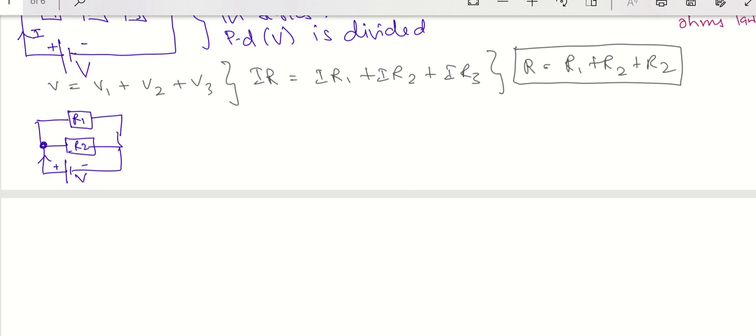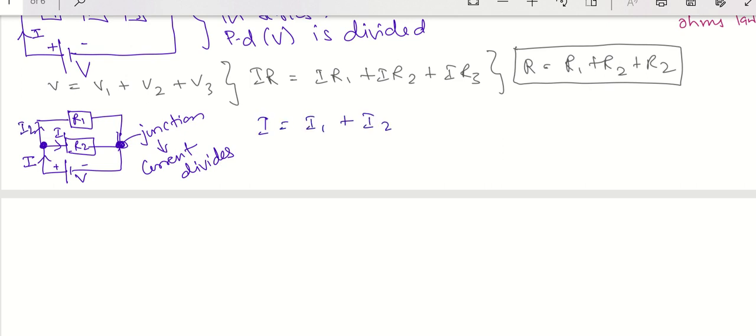But if you look at these points, they are called junctions. At junction, the current divides. If I have I here, it will become your I1 and your I2. So your I will be equal to I1 plus I2.